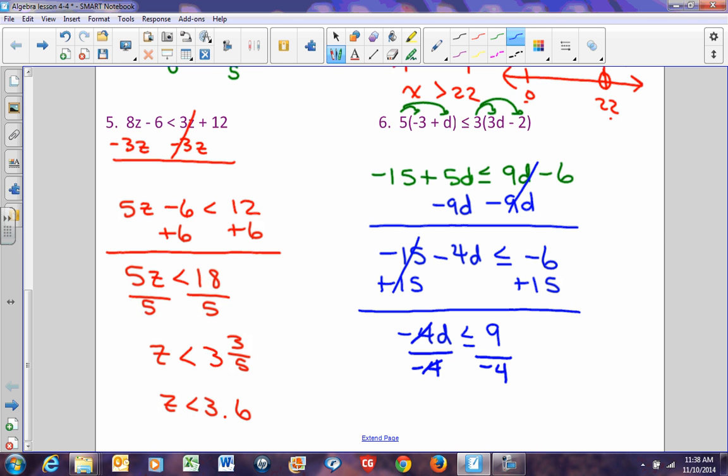The 4's cancel out, so d is greater than or equal to, since we divided by a negative number, -9/4. So I could leave it like that, or I could say d is greater than or equal to, 4 goes into 9 twice, -2 and 1/4, or you can use the equivalent decimal, -2.25. Any one of those answers will work.